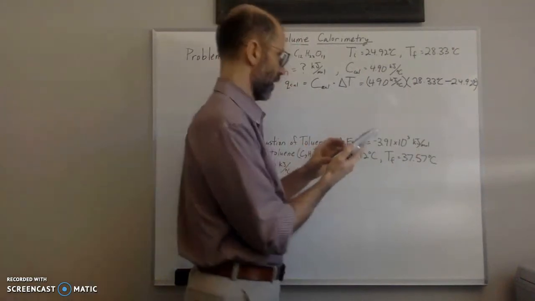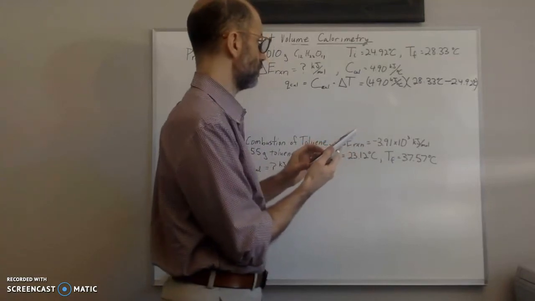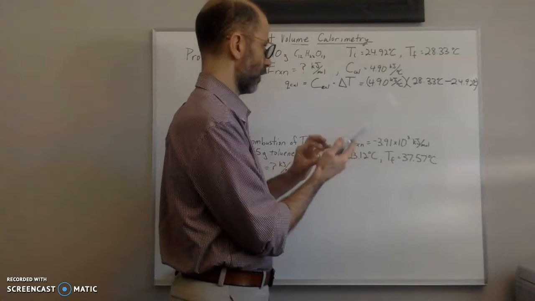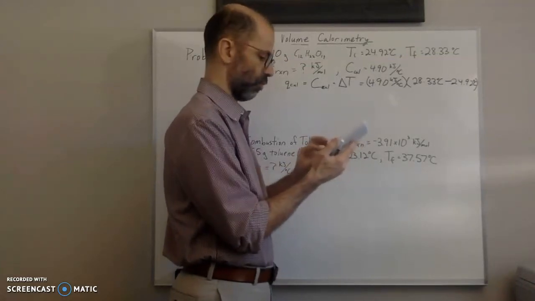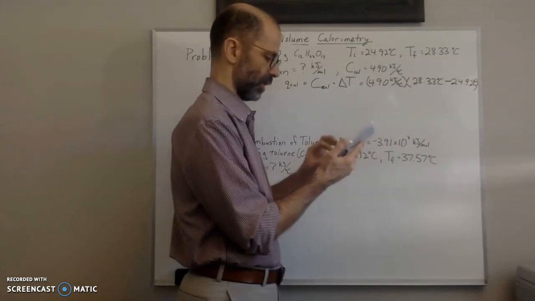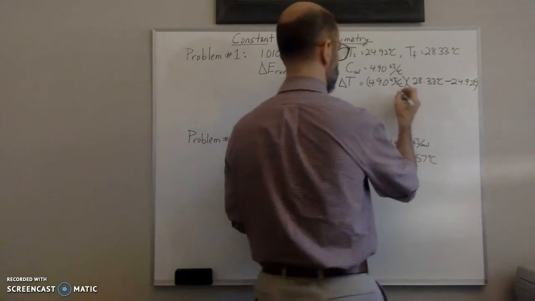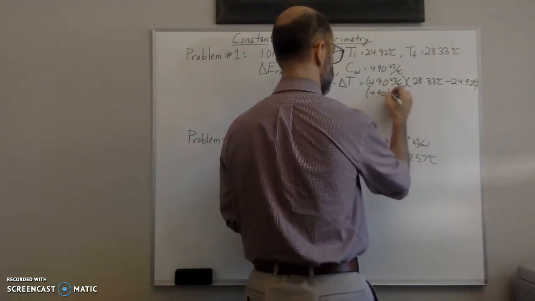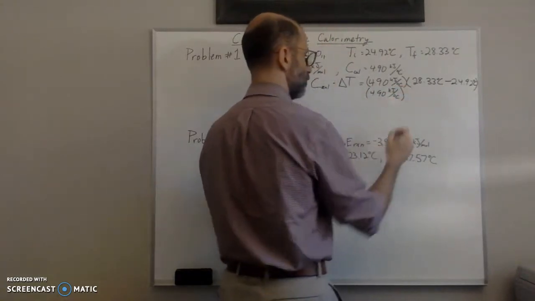So we have 28.33 minus 24.92 equals, kJ over degrees Celsius.